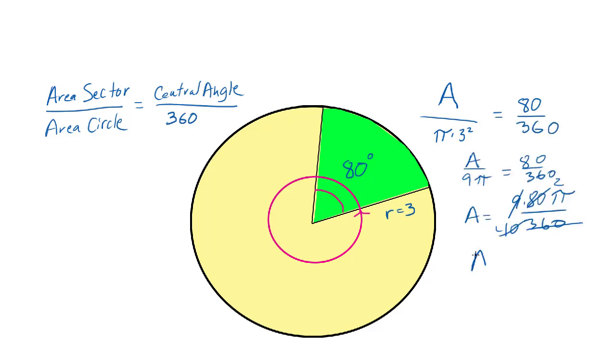The area of my sector is 2 pi. Conceptually, that ratio of the central angle to a full rotation is the same ratio as both the area of the sector to the full circle area and the length of the arc to the full circumference around the outside of the circle.